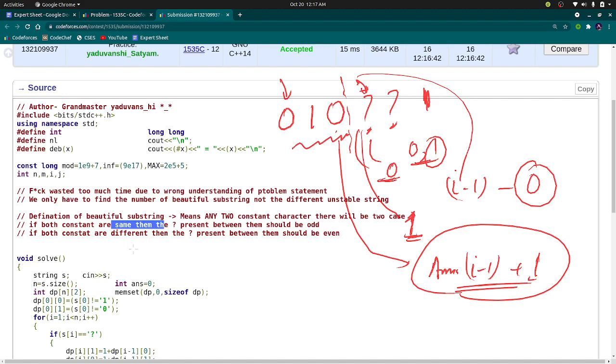If we want to count the substrings of a number, let's see 1 2 3 4 5, these 5 numbers, how many substrings are possible? First we will count single ones.